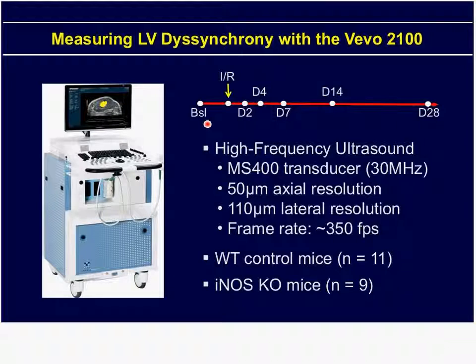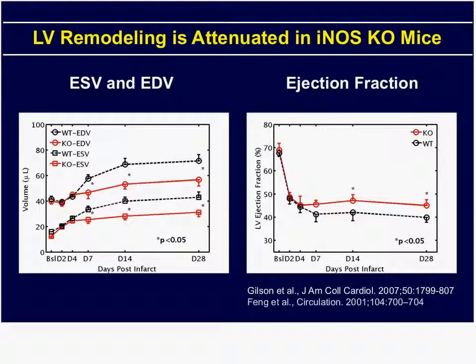The study design is depicted with time at the top, where we've got baseline imaging, ischemia reperfusion injury at day 0, and then imaging at day 2, day 4, day 7, day 14, and day 28. This is our preferred timeline for catching as much as we can of the progression of LV remodeling. And I'll show you in a moment the utility of the day 2 and day 4 measurements.